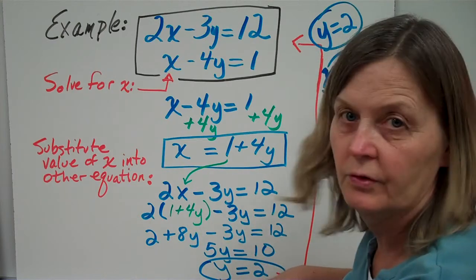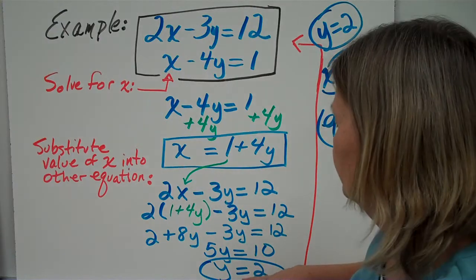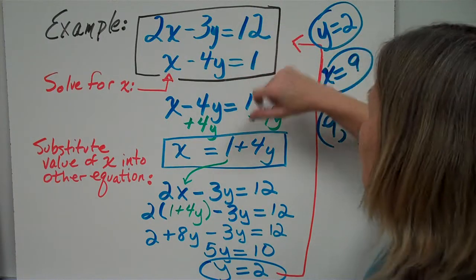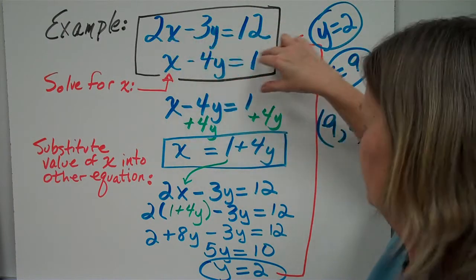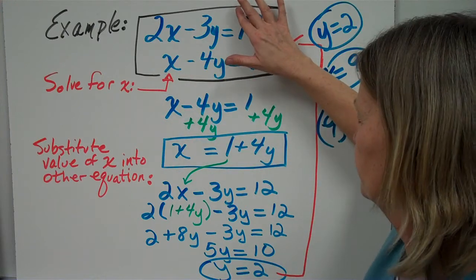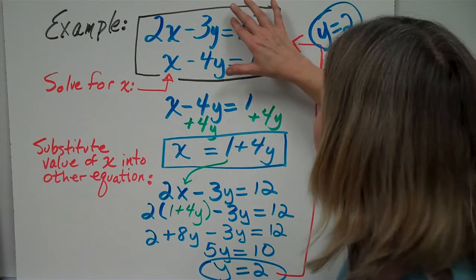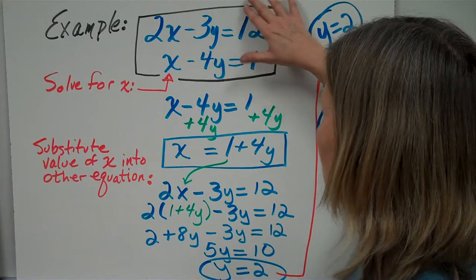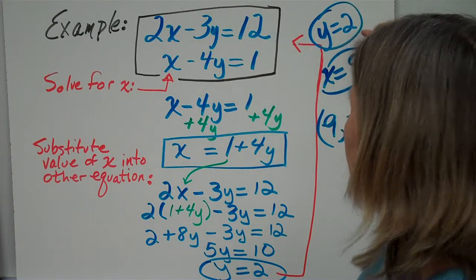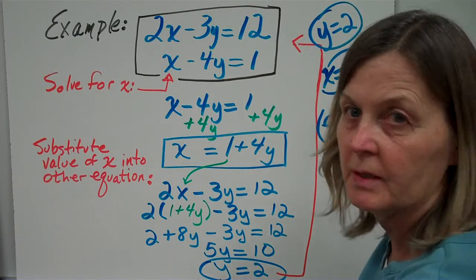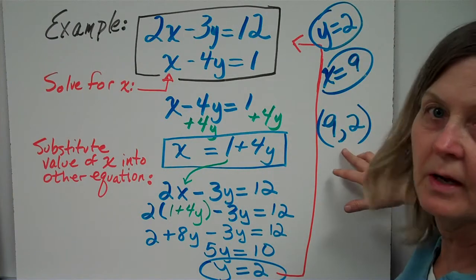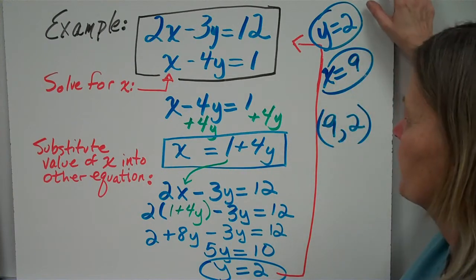And we got y was 2. Once you get that y is 2, again, bring it back up. Put it into one of these two equations that are the original ones. And again, when you do that algebra, you're going to see if y is 2, x will be 9. So the ordered pair is 9, 2 for the solution.